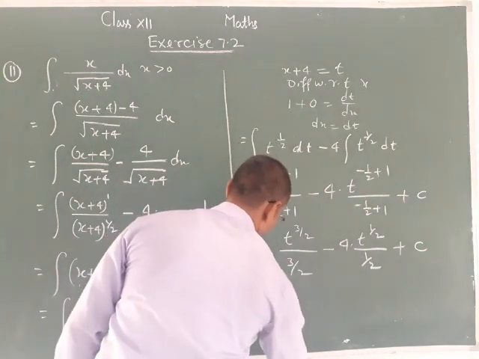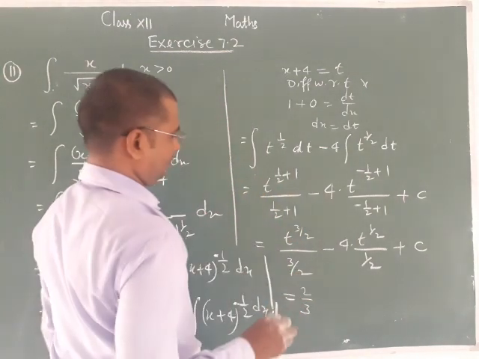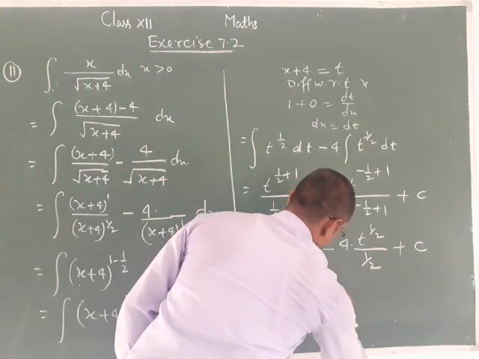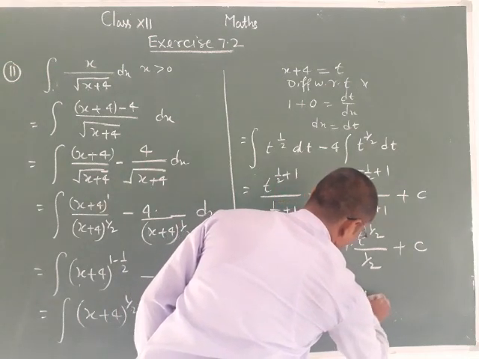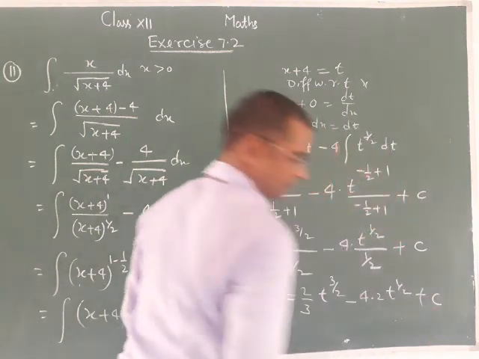And also we can write 2 upon 3 t to the power 3/2 minus 4 into 2 t to the power 1/2 plus c.